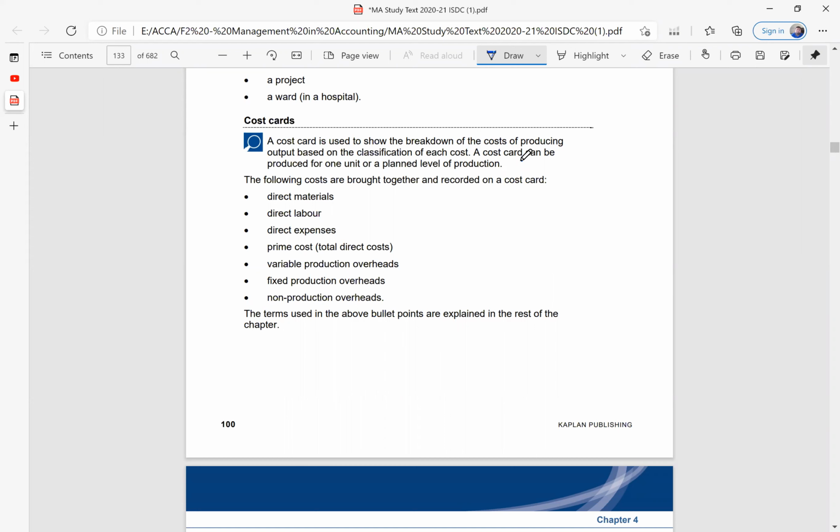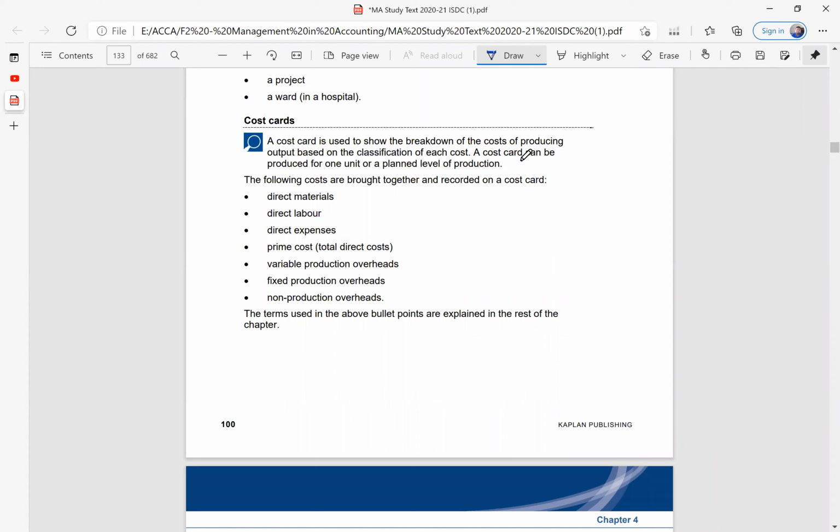Direct expenses. Direct expenses are any expenses that are linked with the production. So let's say that you are using machinery to produce the table.